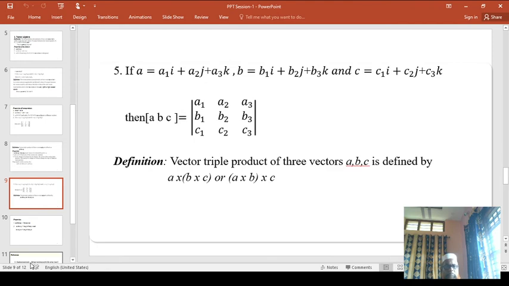So if you find B cross C or A cross C, again we get a vector. Then A into B cross C again gives a third order determinant. So this is the vector triple product.